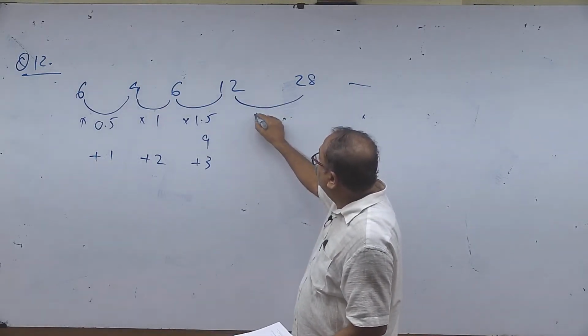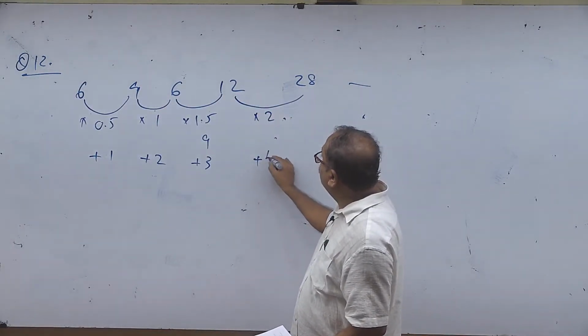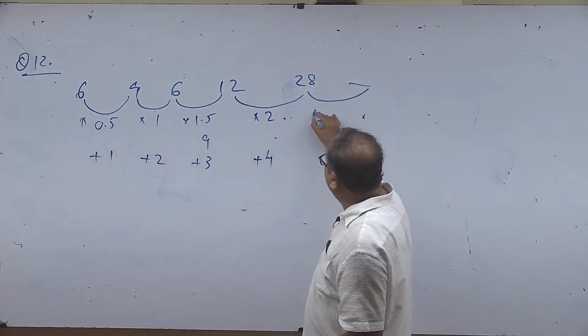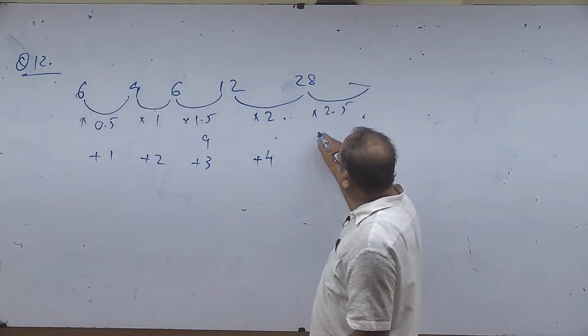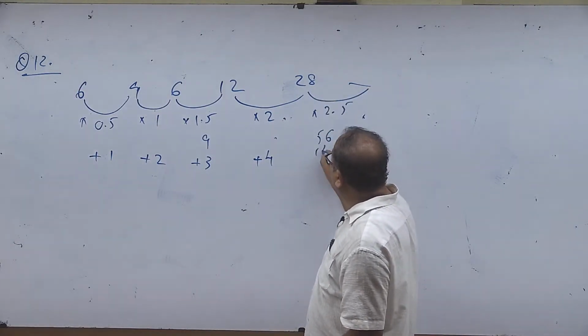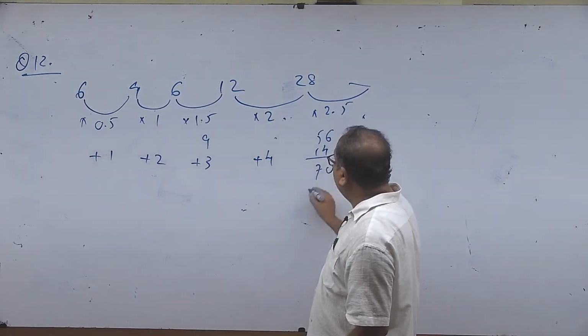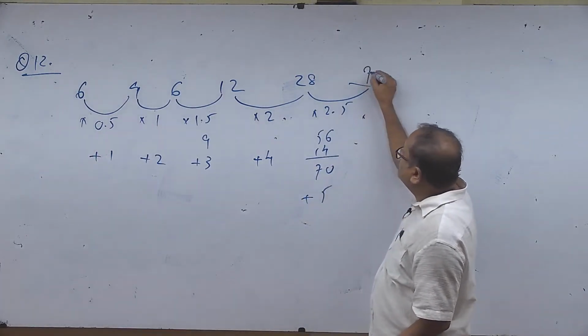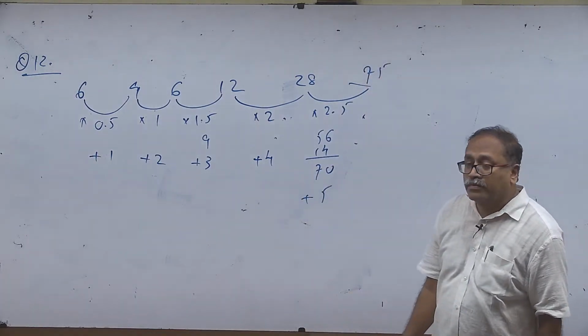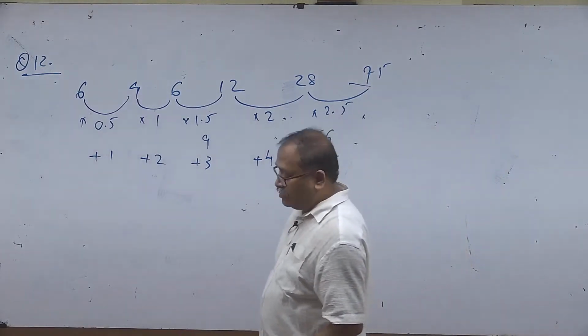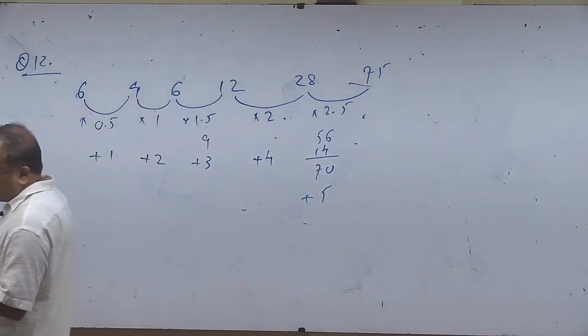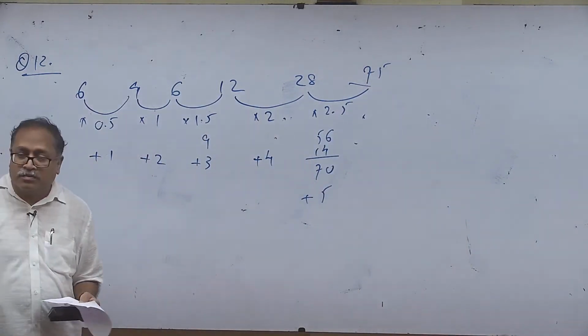Here 24 and plus 4 into 2.5. So that is 56 plus 14, that is 70, and plus 5, 75. Do we have any option 75? Option 2.